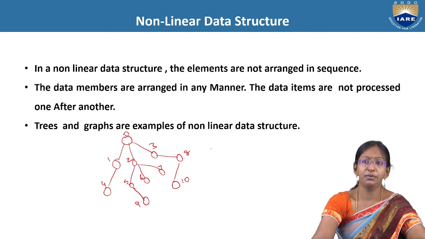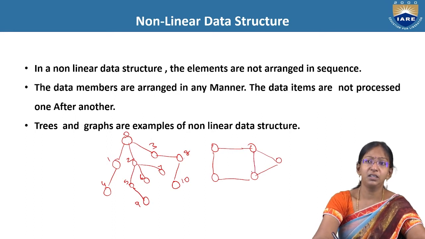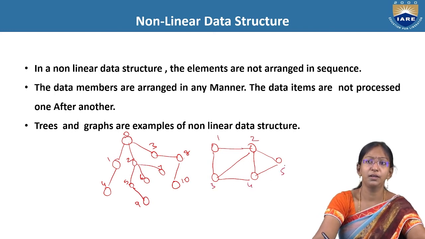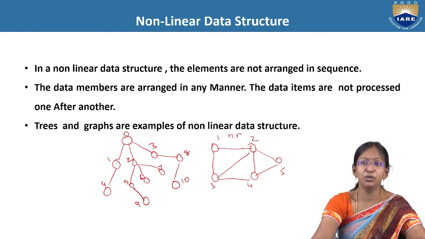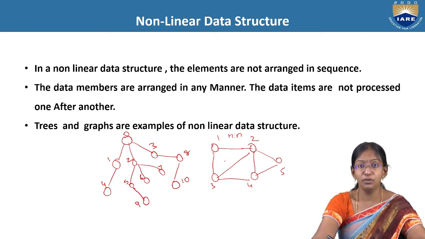Coming to graphs, you can have directed graphs, undirected graphs, weighted graphs, and unweighted graphs. Right now I am showing you a small picture of a graph. Here there are 5 nodes, 1, 2, 3, 4, 5, and it can extend to n, where n is the number of nodes in the graph.